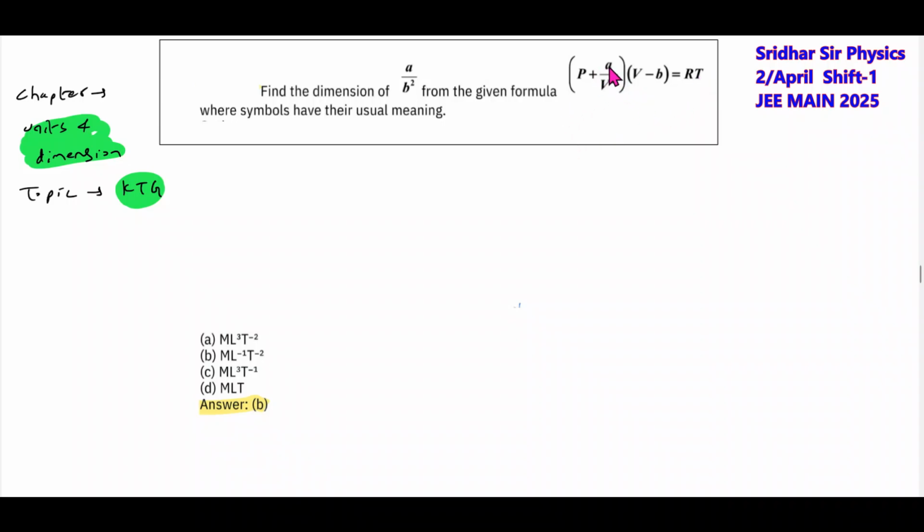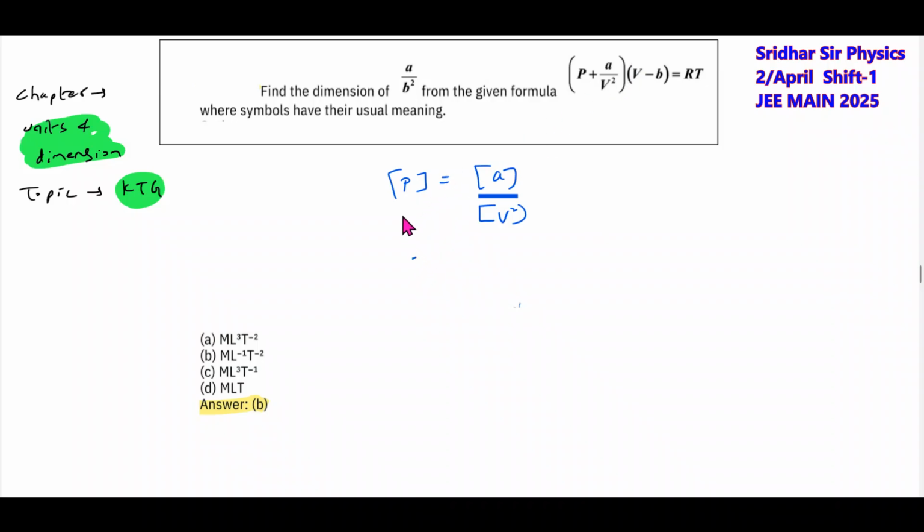It is asking us to get the dimensions of a by V square. The dimensions of this should be the pressure, since it is added in the bracket term P plus a by V square. So the dimensions of P should be equal to the dimensions of a by V square. The dimensions of pressure is Newton per meter square. If you know the dimensions directly, well and good, or else you have to work them out.